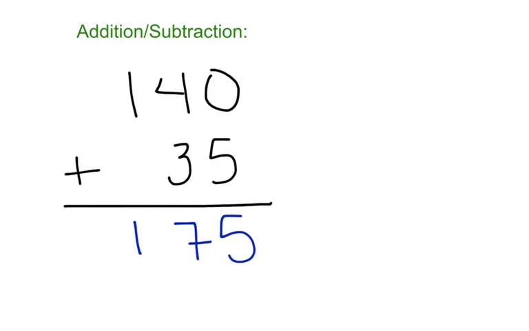So, looking at the number 140, its last significant figure is the 4. Only the 1 and the 4 are significant, the 0 is not. So its last significant figure is in the tens place.